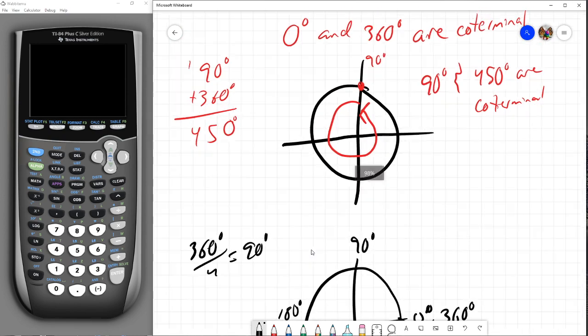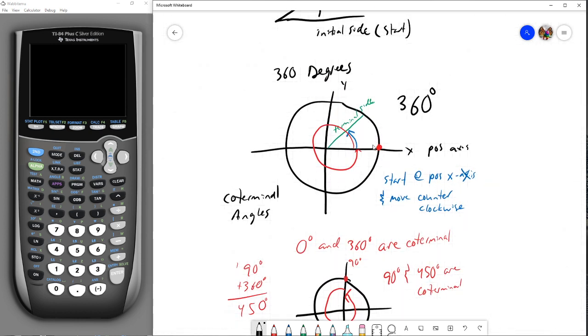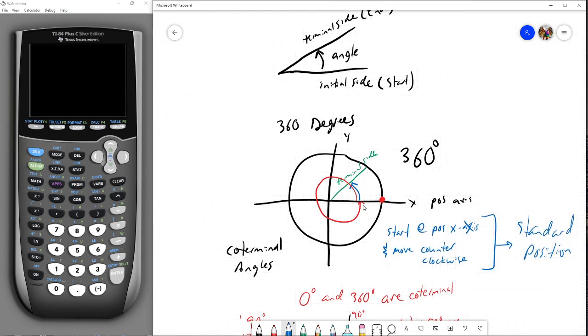So let's review what we have. We want to think of circles. Normally we're starting from the positive x-axis and we're moving counterclockwise. This is in fact called standard position. Okay. So what we mean by standard position is that the initial side is the positive x-axis and we are moving counterclockwise.